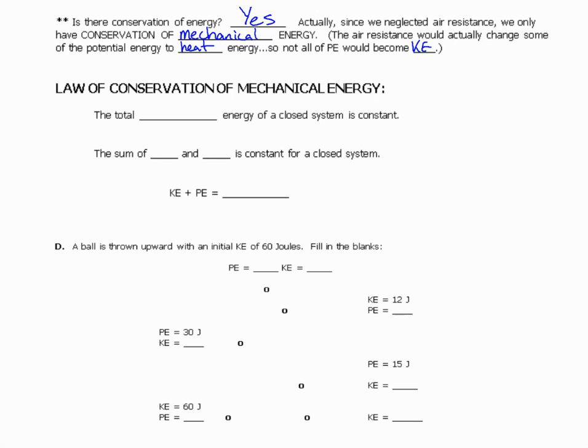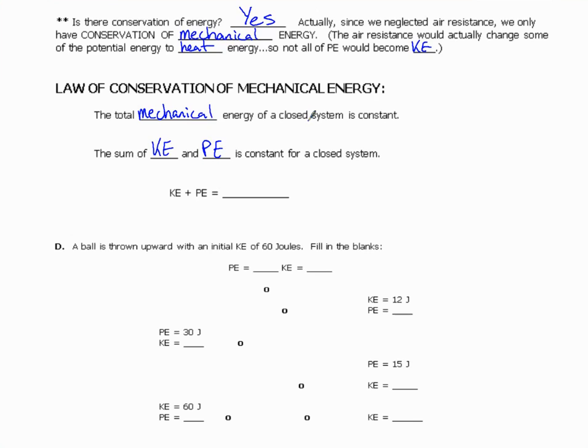But this leads us to the law of conservation of mechanical energy. The total mechanical energy of a closed system is constant. Or in other words, the sum of the kinetic energy and potential energy is constant for a closed system.